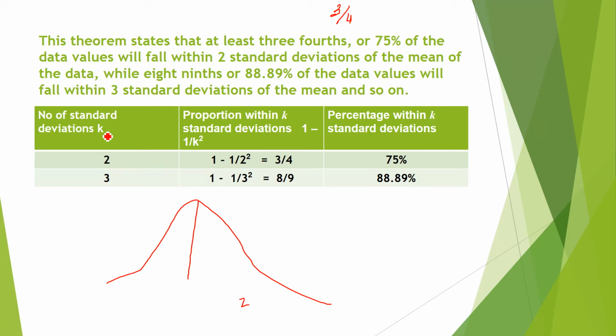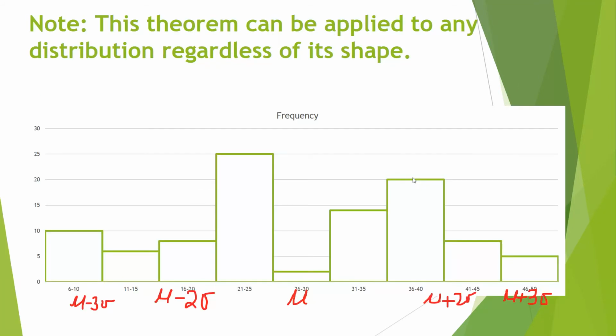Suppose I have calculated only for k equal to 2. This is the formula, 3 by 4, which is equal to 75%. And this is the same formula, 1 minus 1 over k squared, which gives 88.89% for k equal to 3. If the standard deviation is 2, 75% of the data will fall within 2 standard deviations, and so on.